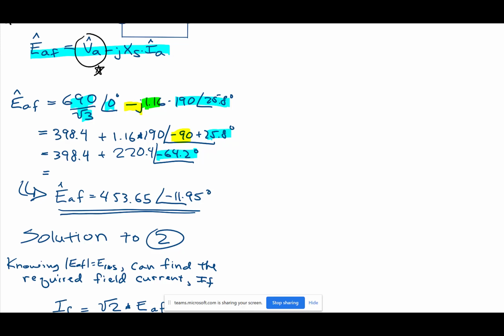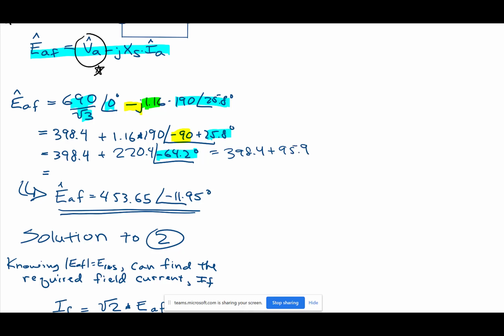So I'll just write out the extra steps here. 398.4, that was the line to neutral voltage, plus the real part along the real axis of the E, that's 95.9.